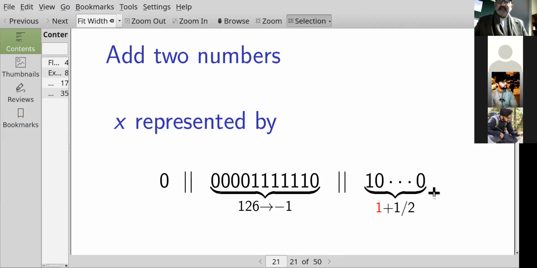Now let's look at the mantissa bits. I've written 1 in red because 1 is always understood. And then the first bit is 2 to the minus 1, or 1/2. So this represents positive 2 to the minus 1 times 1 plus 1/2. Okay?